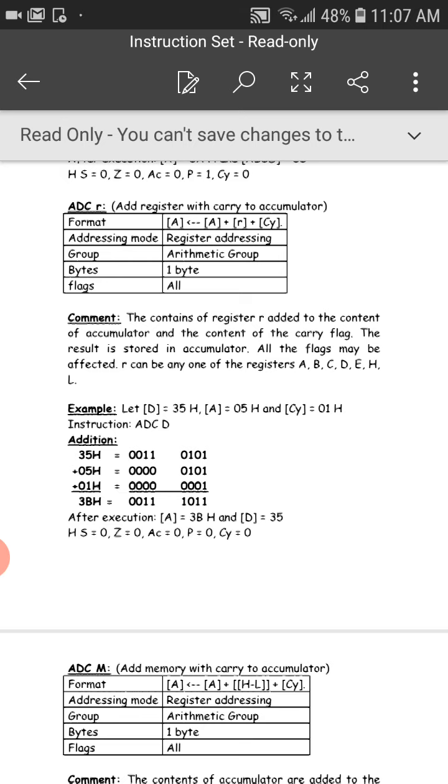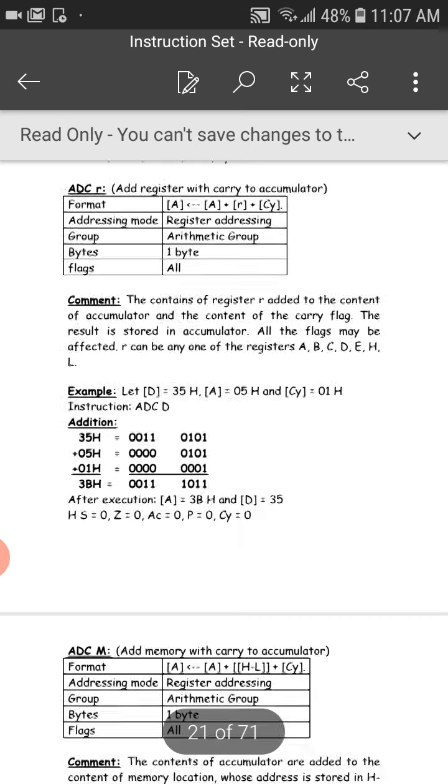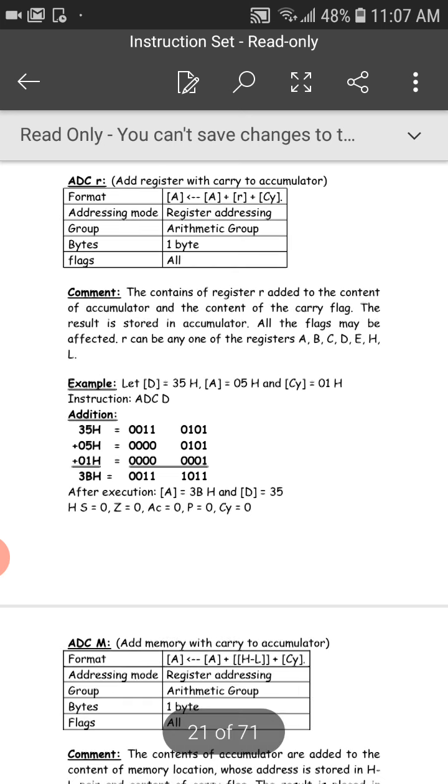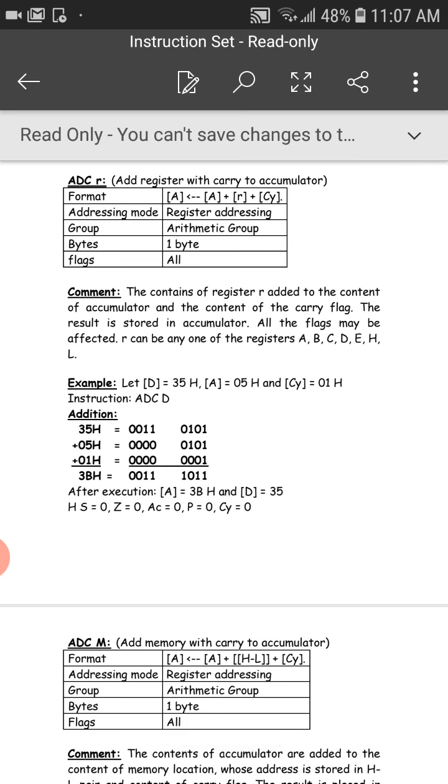Then the next instruction is ADC instruction, that is add register with carry to accumulator. So the format of this is A plus R plus carry and the result is stored in the accumulator. The addressing mode is register addressing mode.